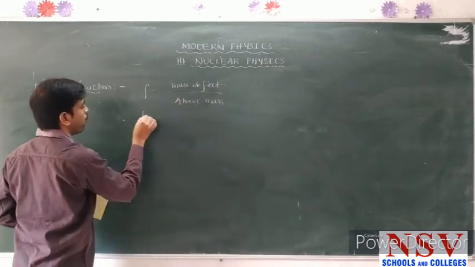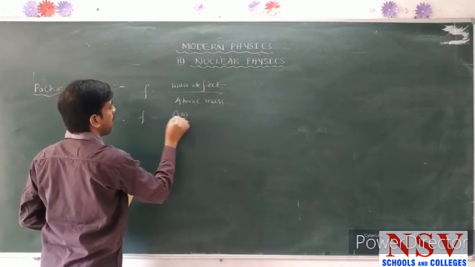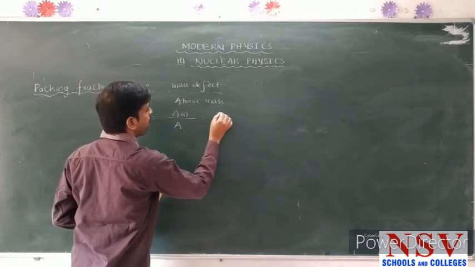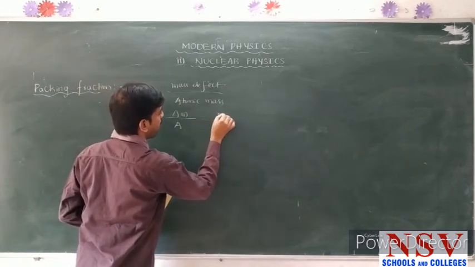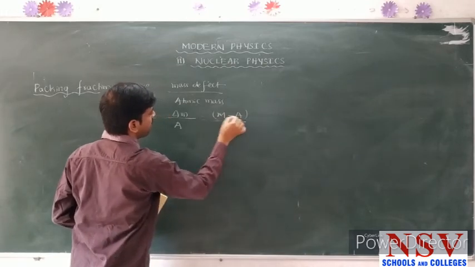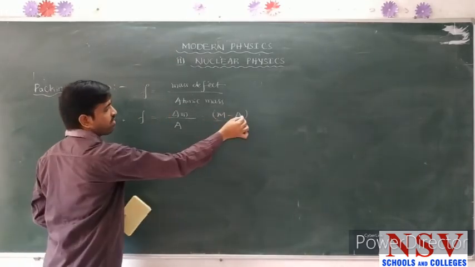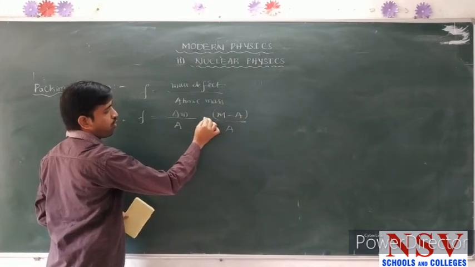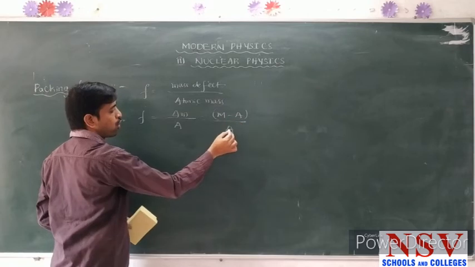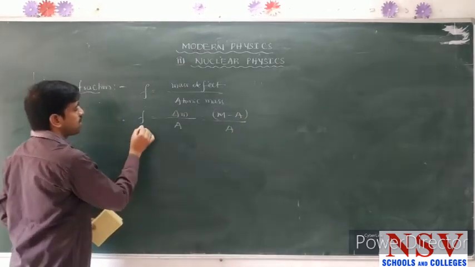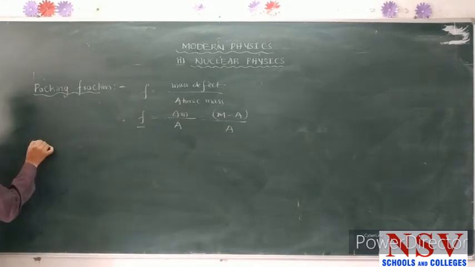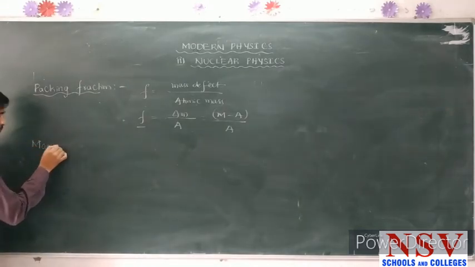Mass defect we denote by delta M, and atomic mass we denote by A. Delta M can also be written as capital M minus A, divided by A. Here capital M is the measured mass and A is the atomic mass. The difference between the measured mass and the atomic mass, as a ratio to the atomic mass of the nucleus, is called the packing fraction.